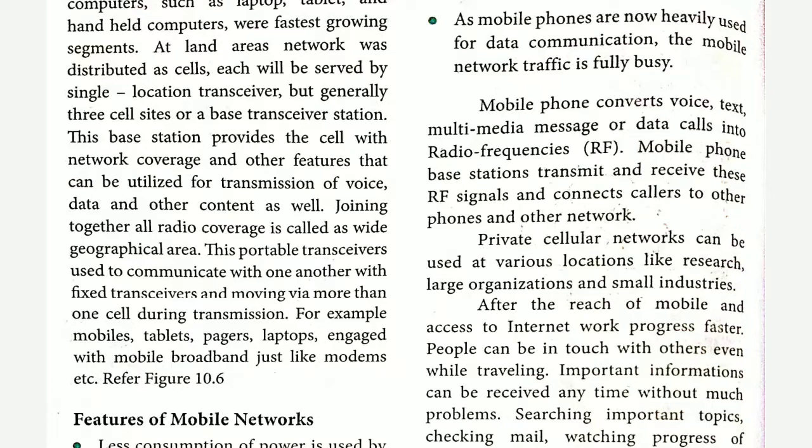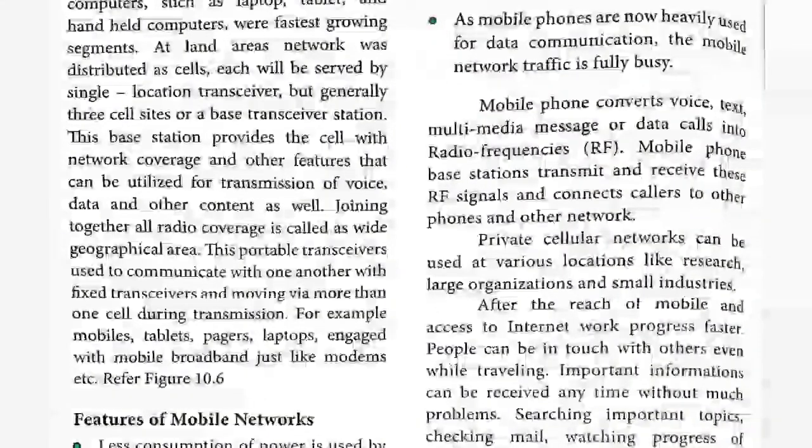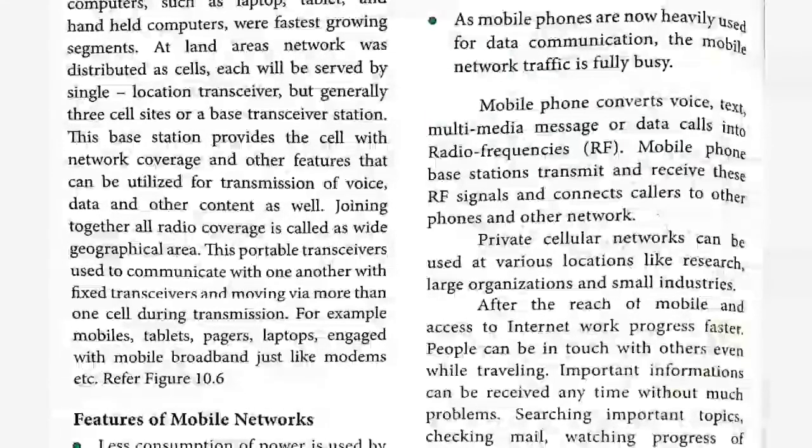This RF will be transmitted to the nearby cell network. The cell network will take it to the internet service provider, and the internet service provider distributes the data to others who need it.